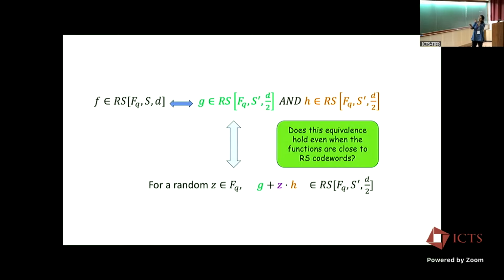Is that true if and only if G plus ZH is close to a Reed-Solomon code word? And now we can forget about IOPPs, we can forget about square roots. It's just a question about F_q, an arbitrary field, and S prime, some subset of F_q. And you can ask some kind of proximity questions, we don't need the algebraic structure anymore.